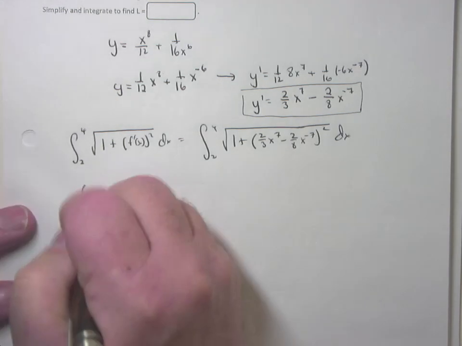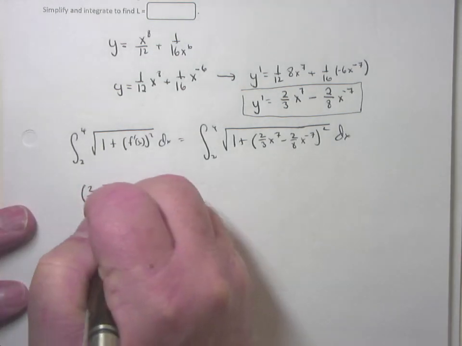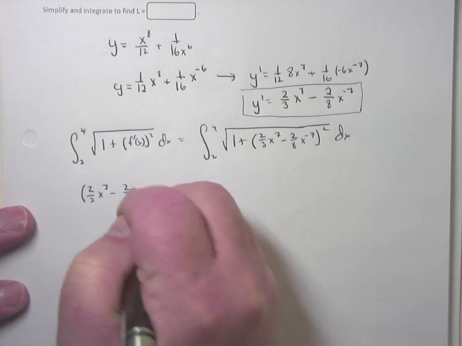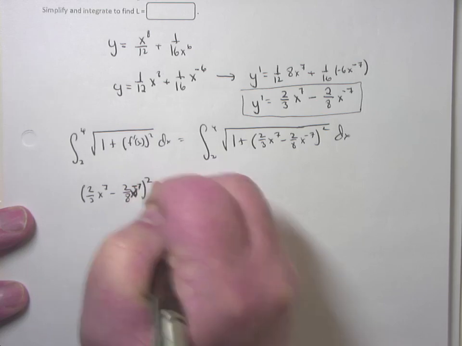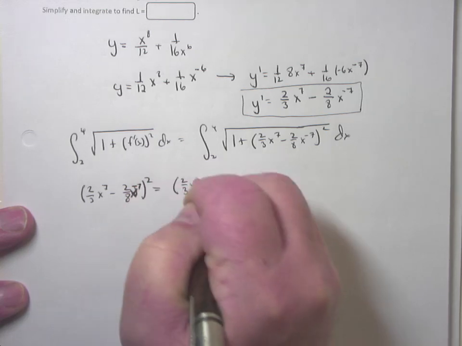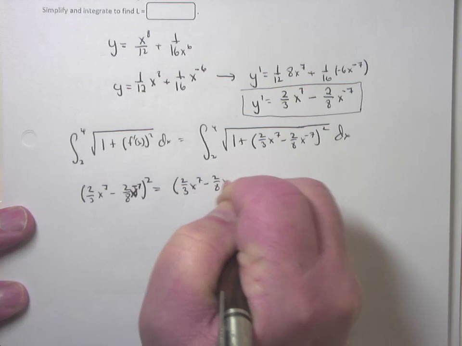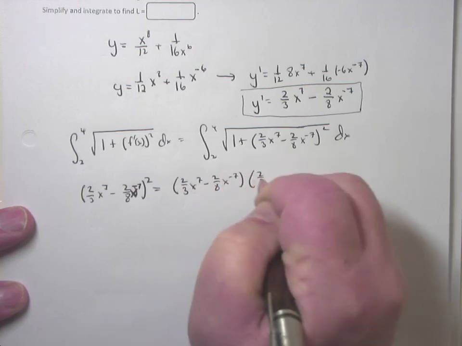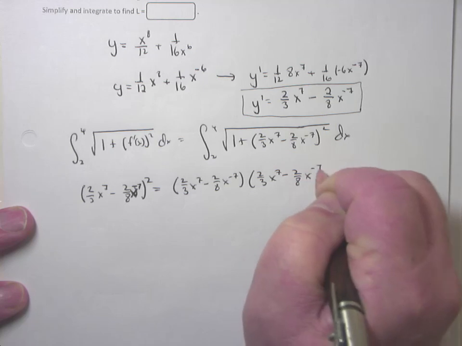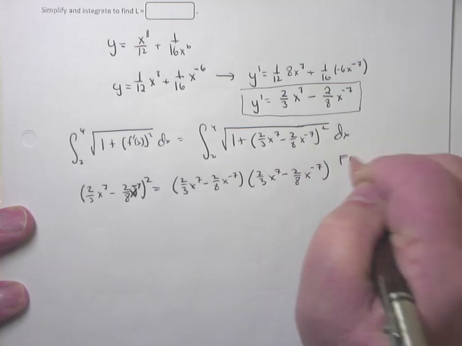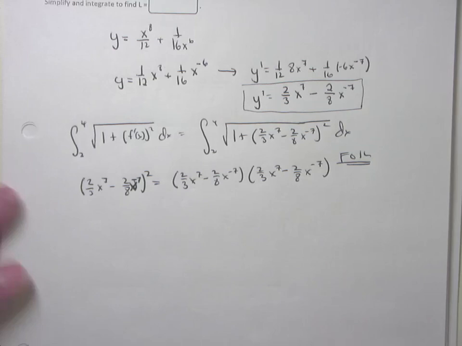But notice, this 2/3 x to the 7th minus 2/8 x to the negative 7th, squared, is the same thing as 2/3 x to the 7th minus 2/8 x to the negative 7 times 2/3 x to the 7th minus 2/8 x to the negative 7. And you're going to FOIL it out to clean it up. And just what happened in that last problem is going to be the same thing.